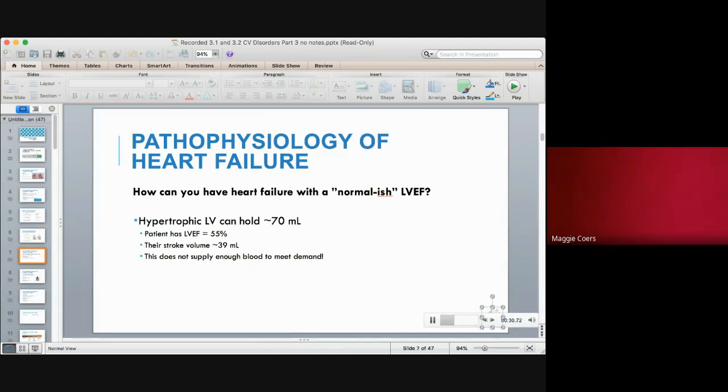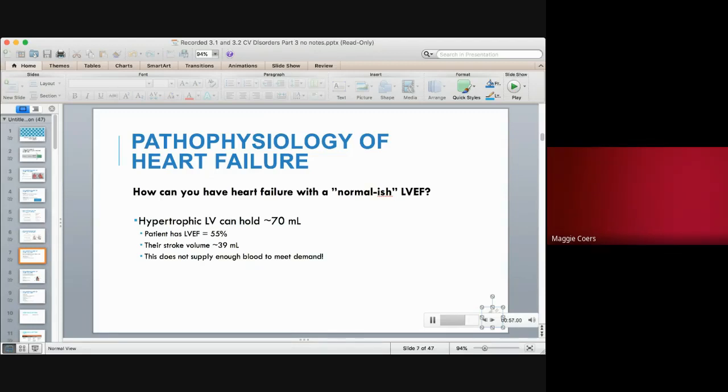So if you start off with low volume and they can pump out about half of that lower volume, then the ejection fraction is not low. It's pumping out about 39 milliliters. Now, 39 milliliters isn't enough volume for the demands of the body. It's not enough blood being pumped out of the heart.